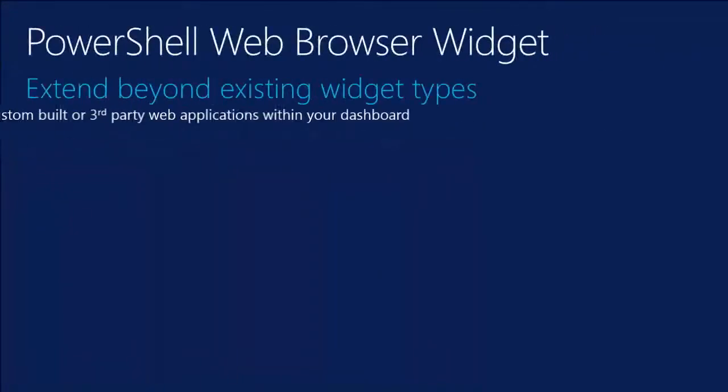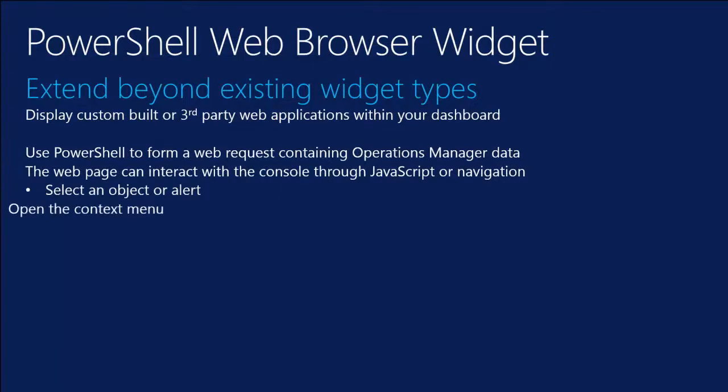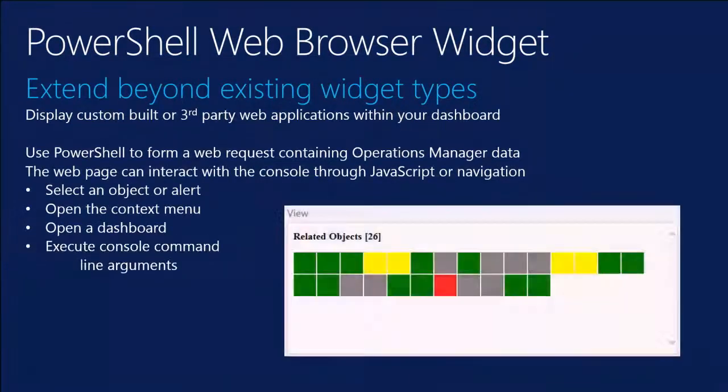And the final, 11th widget that we've added is the PowerShell web browser widget. This combines the last two, where you write a PowerShell script, and the output of this script is actually just a web request. That web request allows you to take any information from Operations Manager and push it to a website.